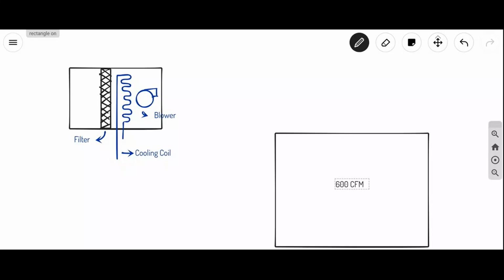As it requires 600 CFM of air, I need to take the air and supply it from outside. As I need to supply from outside, first we need to control the air.